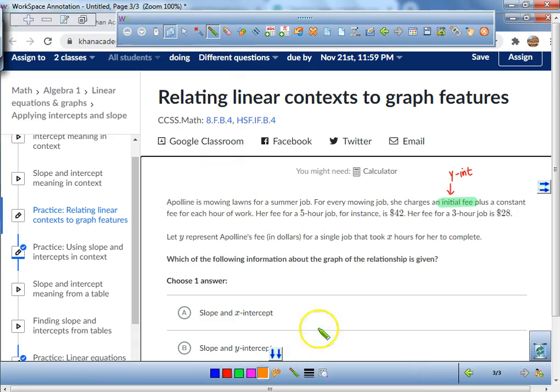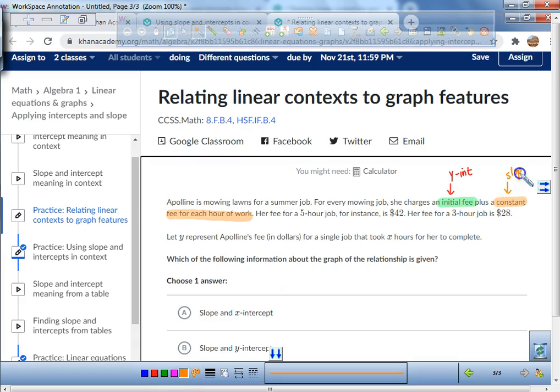Now, this thing called the constant fee for each hour of work, that is referring to the slope. It's like the constant rate of change. So you do need to know slope-intercept form, which is y equals mx plus b.